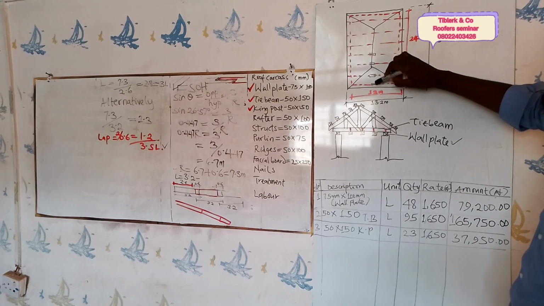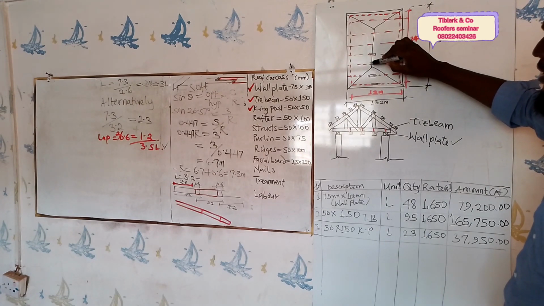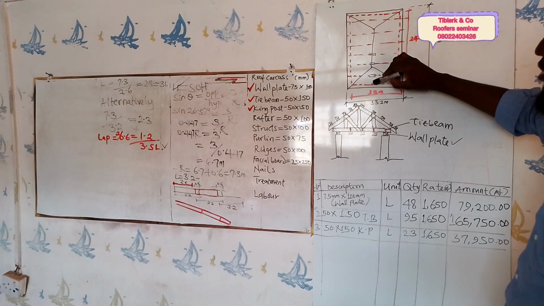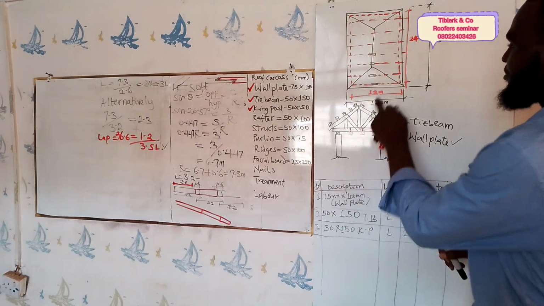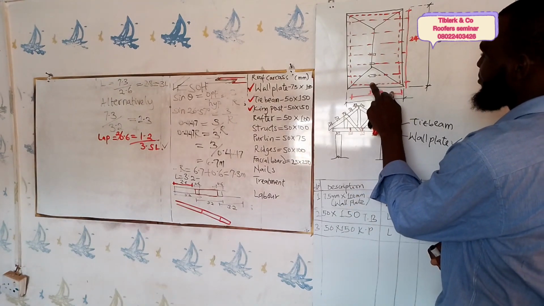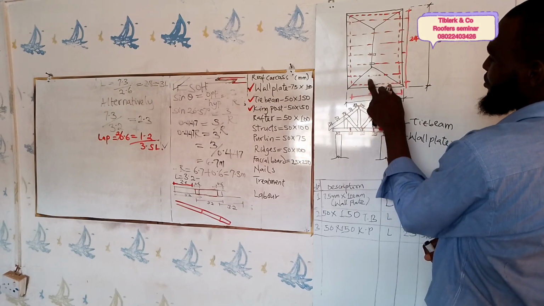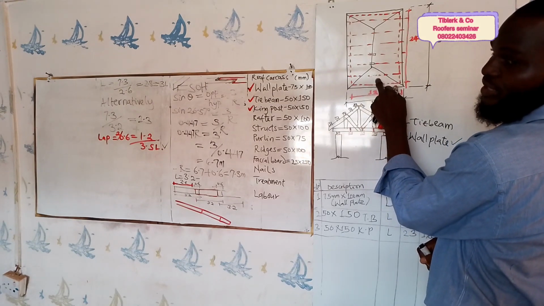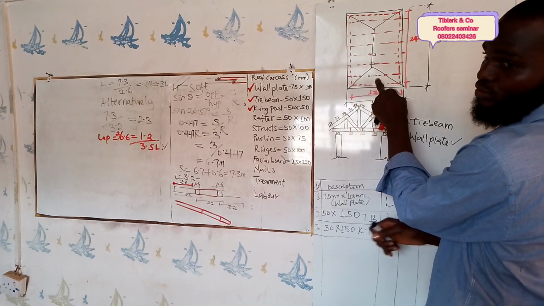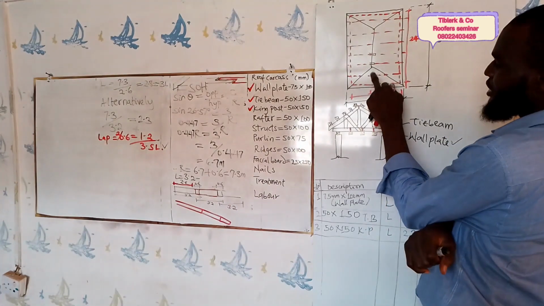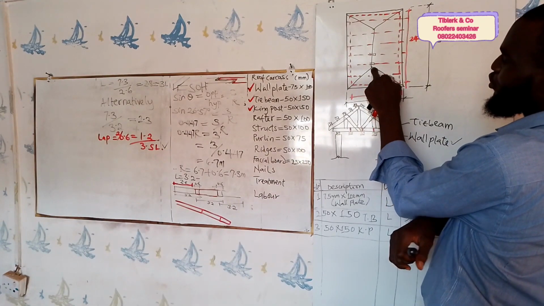But now you have the option of using 2.4. If it ends here, this is the beginning of the tie beam, and there won't be any kinkos there. The tie beam is spaced at 1.2 intervals. So this is 1.2, this is another 1.2.